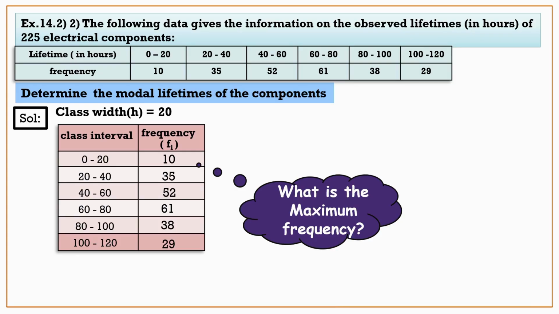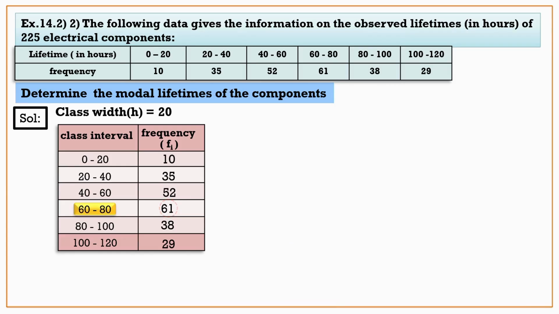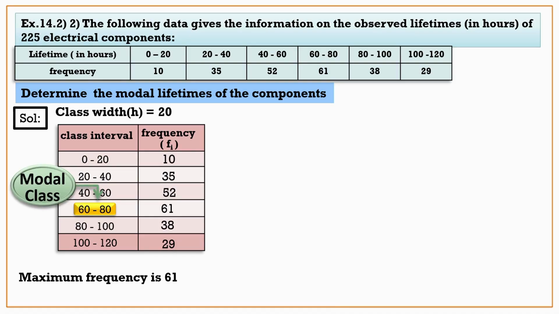Which one is the maximum frequency? If you take a look, 61 is the maximum. So we will choose this 60 to 80 class interval as the modal class. We already learned that the modal class is the class interval which has the maximum frequency. So in this case, the modal class will be 60 to 80.